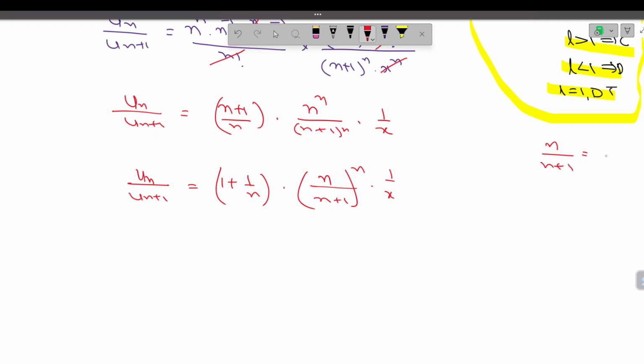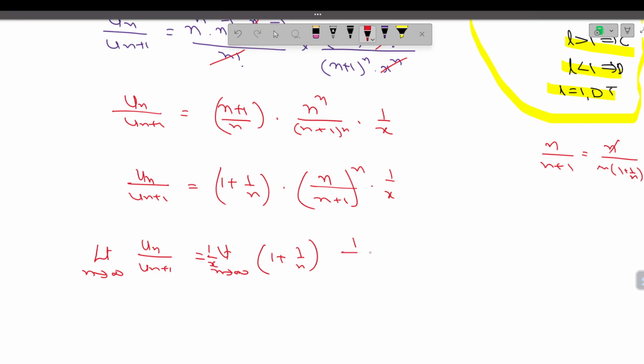If you take n common, 1 plus 1 by n, the n gets cancelled. So applying the limit n tends to infinity, un by un+1 equals limit n tends to infinity of 1 plus 1 by n, and 1 by x I am writing here, I may forget.